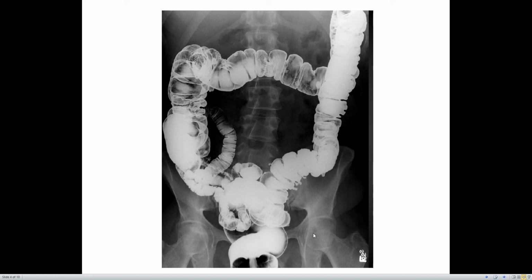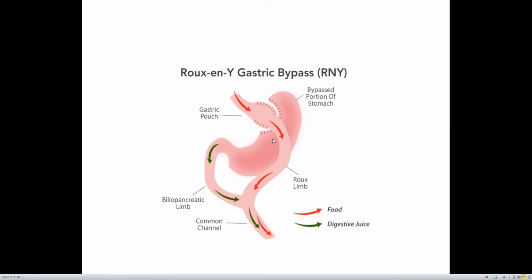So again, that's known as the 3-6-9 rule, and that's how you can really tell if there's a blockage that's leading to distension in parts of the small intestine or large intestine, if there's any variation from that general rule.